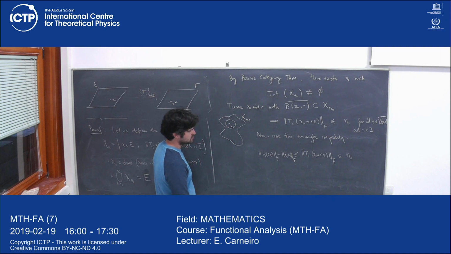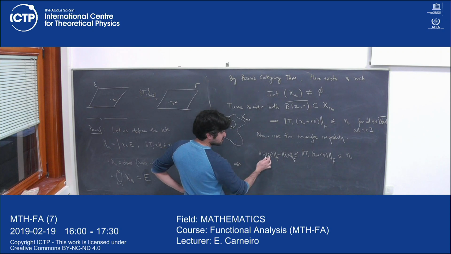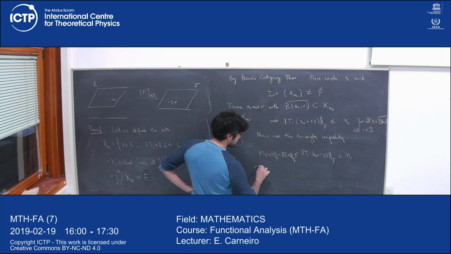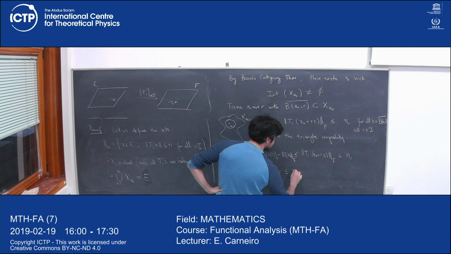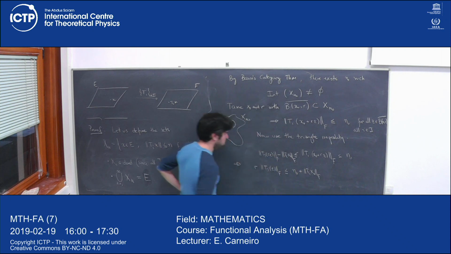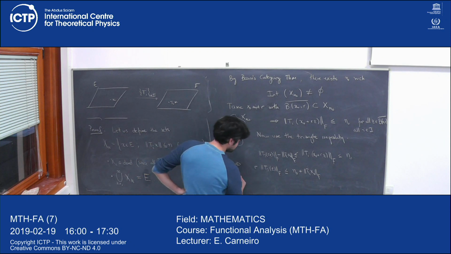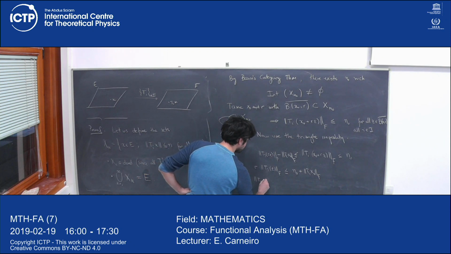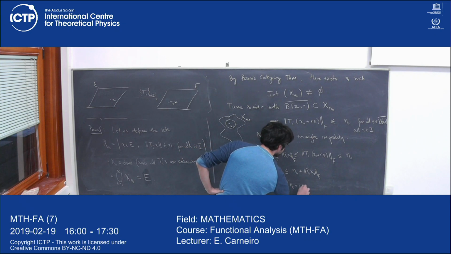So all that's left is to actually move this Ti of x0 to the right. And I'm using the linearity here to say that r times the norm of Ti of z in F is going to be less than or equal to this n0 plus the norm of Ti of x0 in F. And I'm done, right? Because then this implies that the norm of Ti of z in F would be less than 1 over r times n0 plus the supremum over i of this guy, which is just a fixed number.